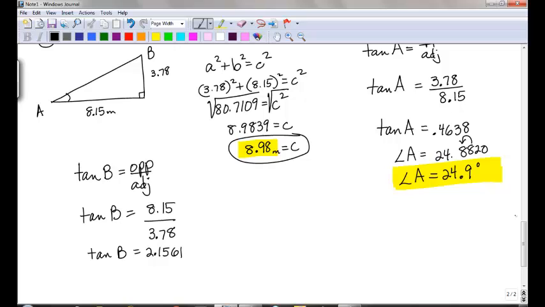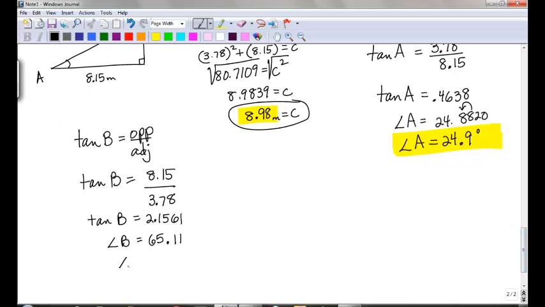So you want to do second function answer, because that's got it all in there. Okay, and now it's angle B, and they want it to three significant digits, so 65.11, so we want 65.1. That's not 5 or greater, so you're going to leave that the same.